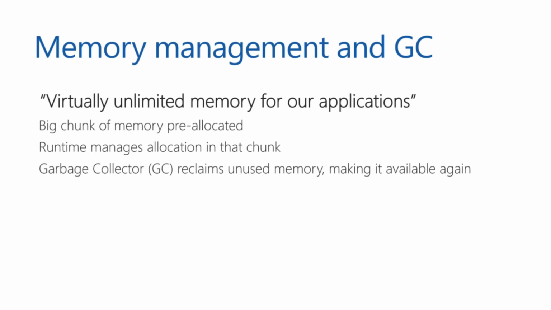You just write your code, and the garbage collector and memory management will do the things that you expect it to do in there. At some point, when some variables are no longer being used, there will be the garbage collector running, and the garbage collector will check, is this memory space still in use? And if not, it will free it up so that you can reuse it for something else, and the virtually unlimited memory story stays the same story.